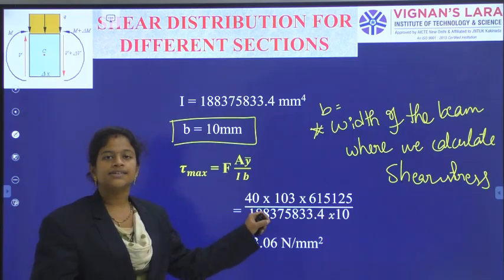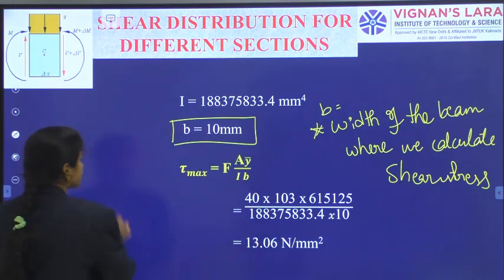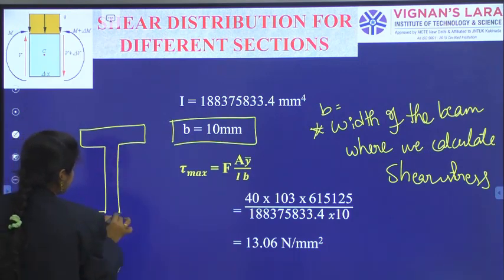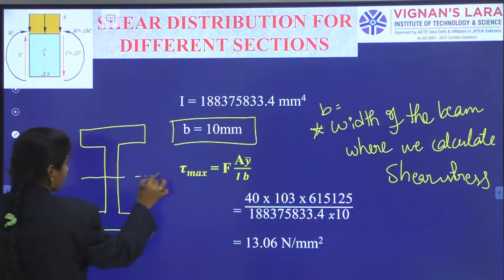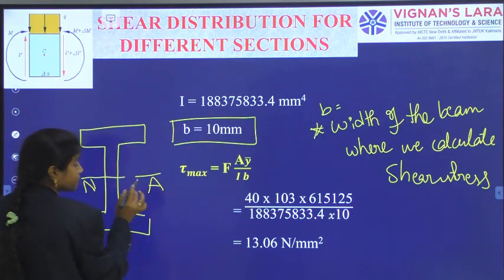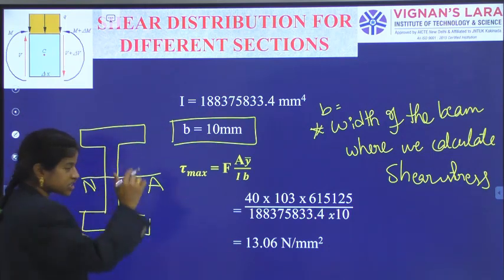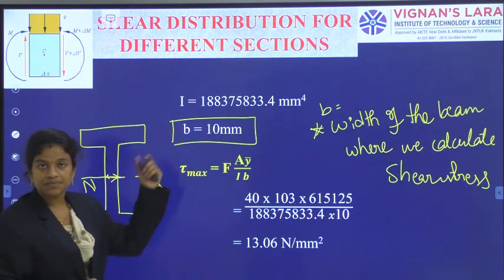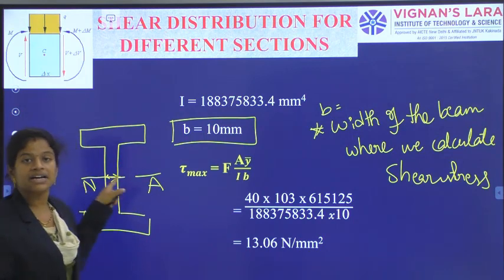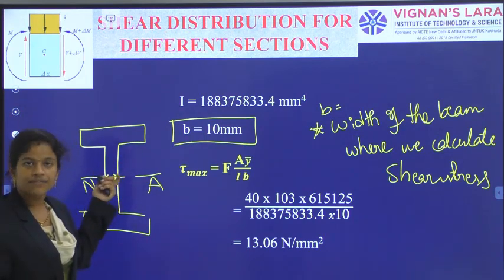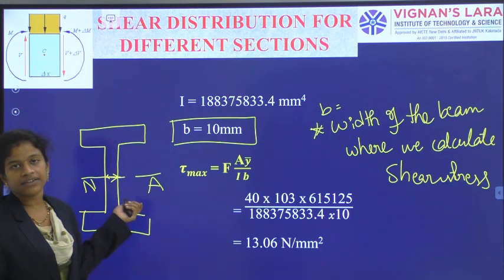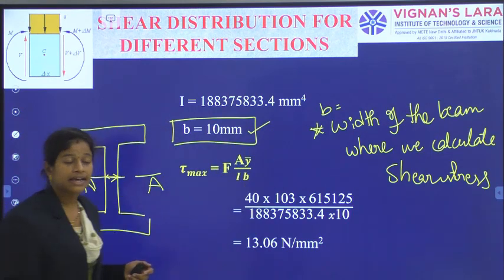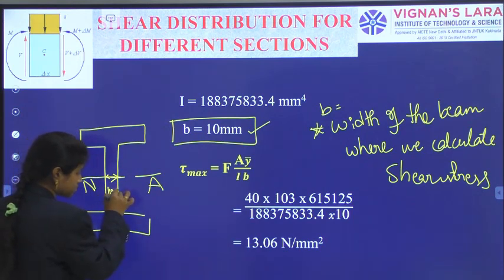We are calculating shear stress at the neutral axis. At this neutral axis level, width means this one, depth means this measurement. So at the neutral axis level, what is the width of the beam? That is the B answer. As the neutral axis is passing through the web, the thickness of the web is the width of the beam at the level of neutral axis. So that width we have got as the thickness of the web, 10 mm. We already know this measurement.